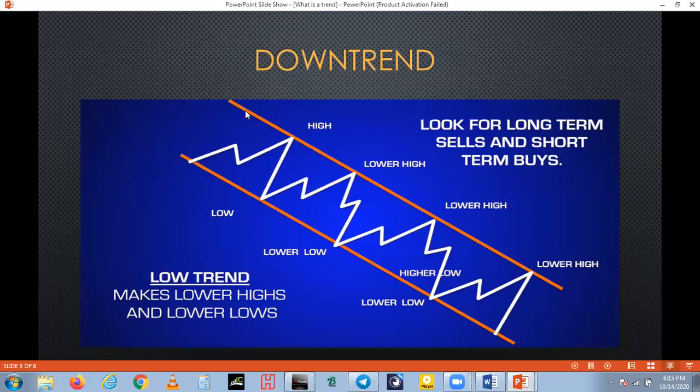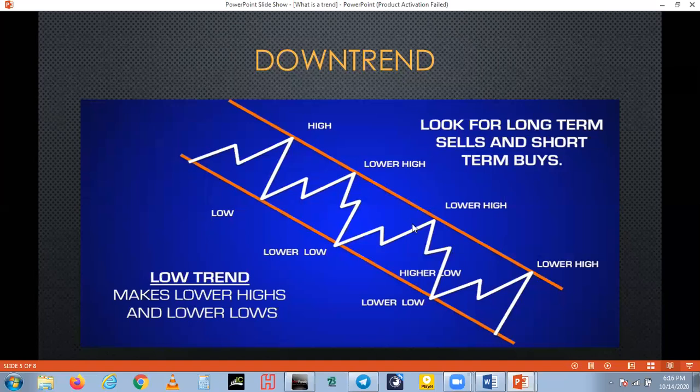What do I mean? Generally, you can see price is going downwards. Agree? You can see price is going downwards, and then you can see price is retracing for a buy. This is a short-term buy. It's going up here, and then it's falling down again, sell. It's going up small, and then falls down again, sell.